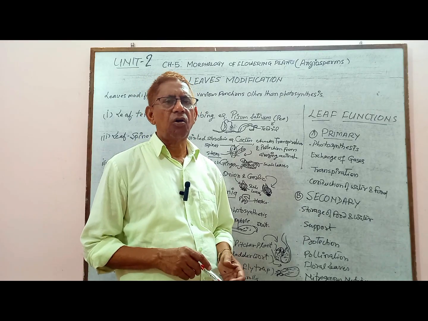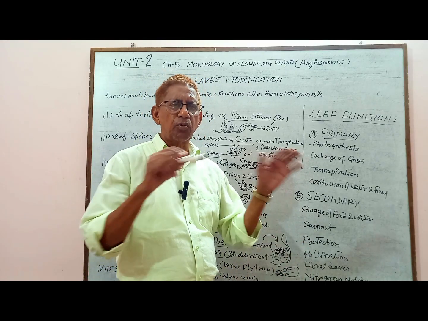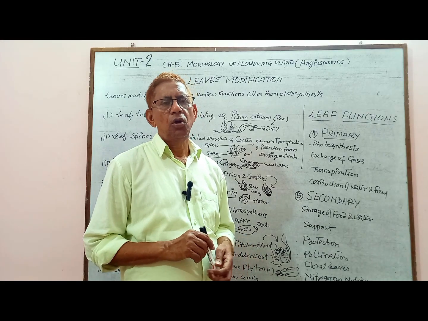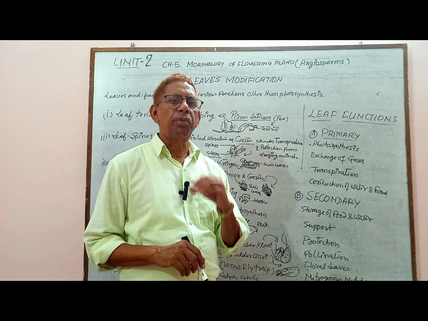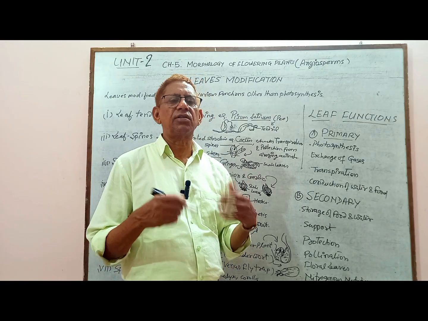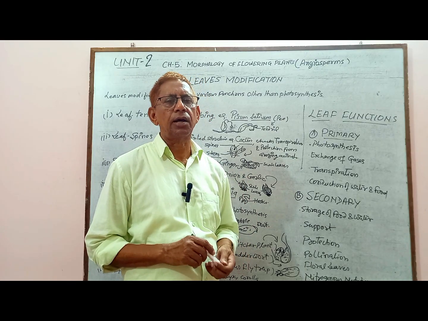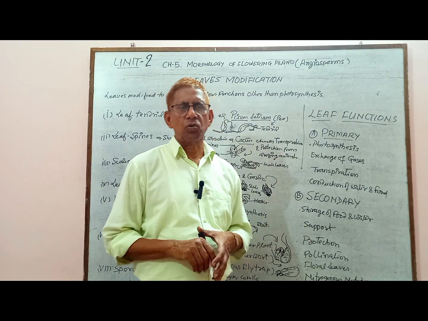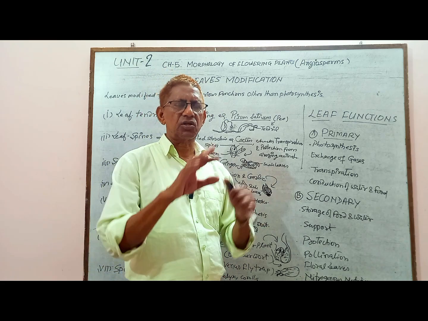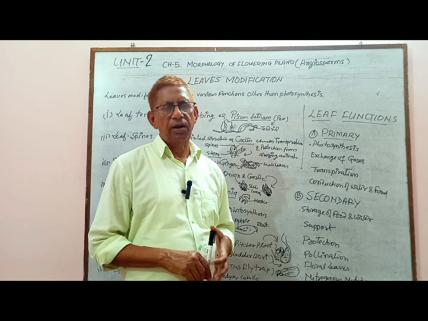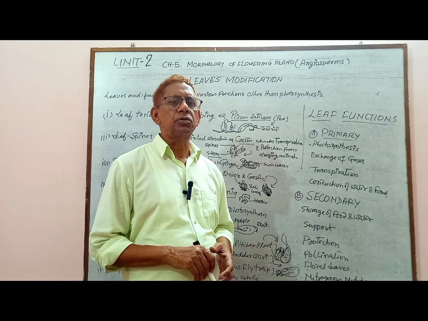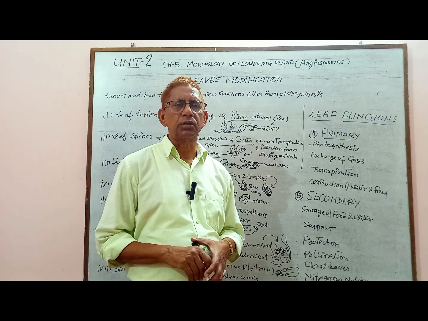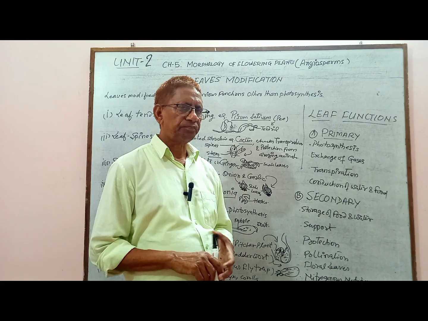If we take the example of floral leaves, the outermost covering of the leaves is known as sepals, commonly known as calyx, which performs a dual function. First of all, being green in color, they perform the process of photosynthesis, followed by the protection of the developing floral bodies. Then the second part is the corolla, the individual unit of which is the petal.